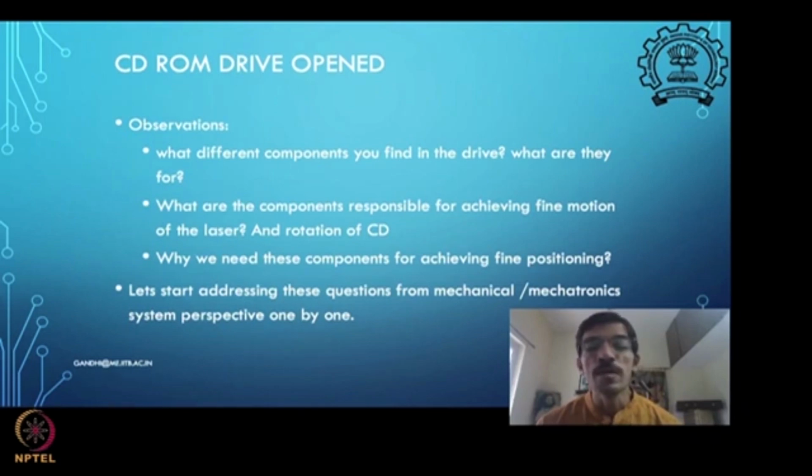But you need to think about different components, why they are there and why they are that way only. Okay, so that kind of discussion or thinking process will be very useful for further incorporating those concepts into your own design.